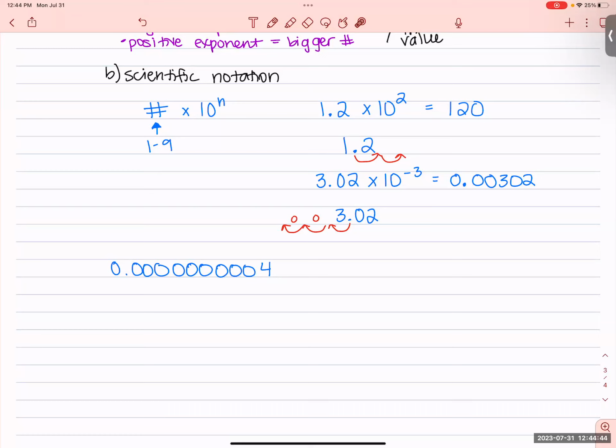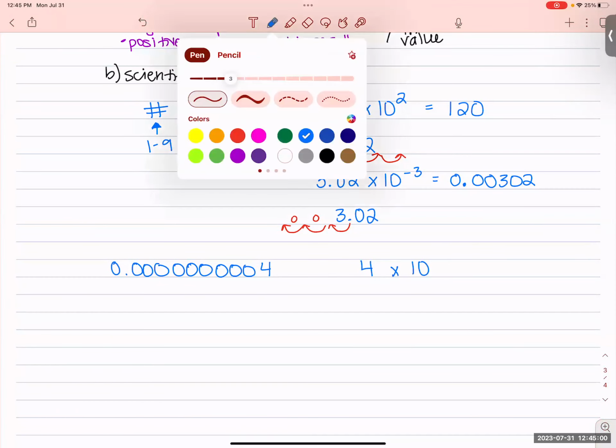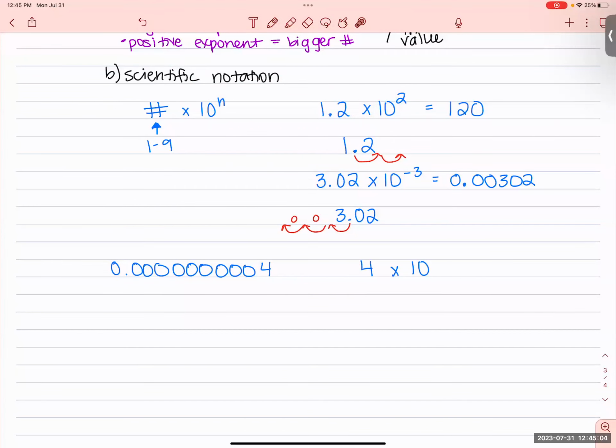So it's better to do something like this in scientific notation than it is to keep it in regular notation. So how are we going to put it into scientific notation? Well, we know it's going to be the 4 here, and it's going to be times 10 to the something. Well, we need to make sure it fits our format. The format is number 1 through 9 times 10 to the n.